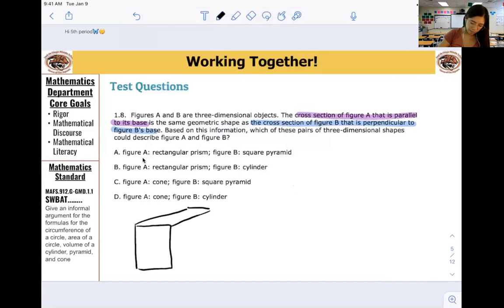If you have a rectangular prism, such as this one, and you cut it, like it says, parallel to its base, what type of shape am I going to have?